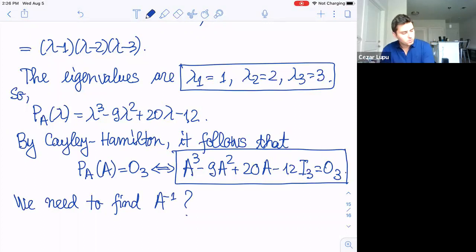I think this could be a very nice exam problem, to find basically everything for a matrix. So what would you suggest here to do?